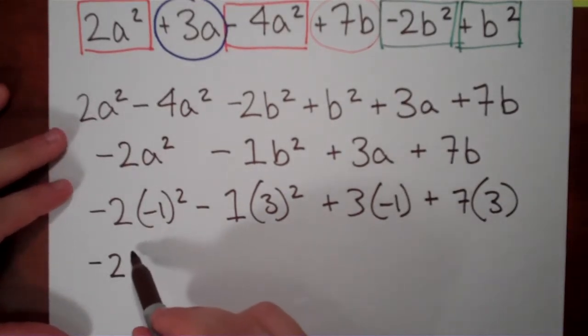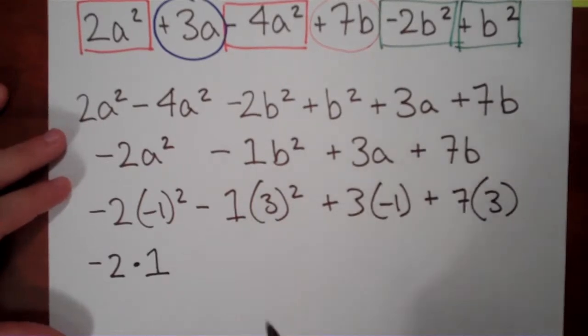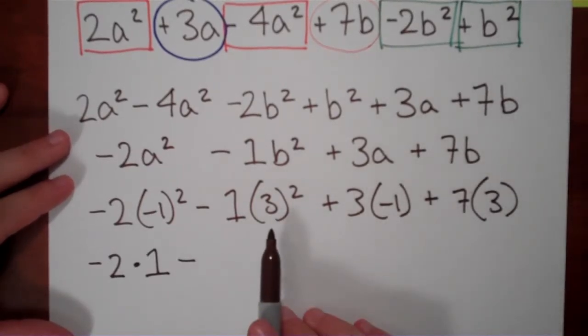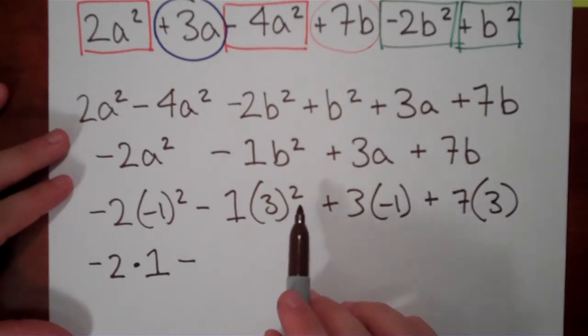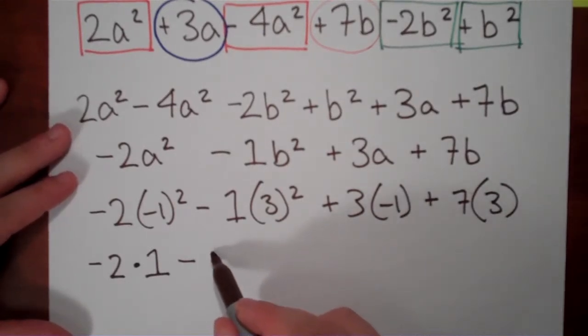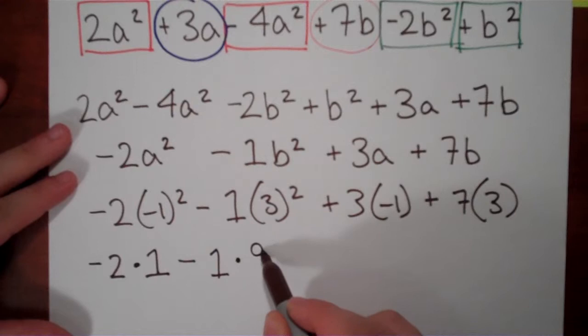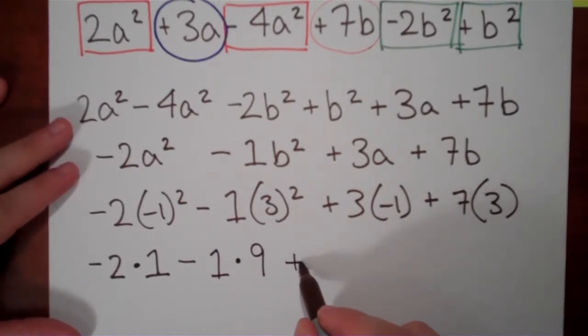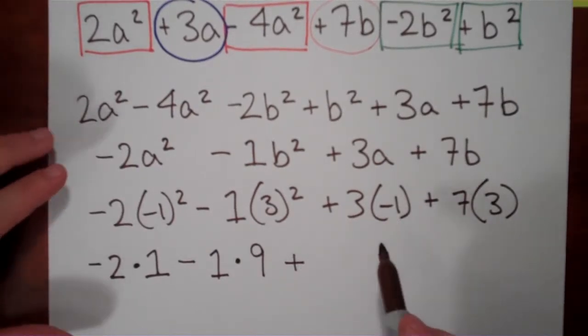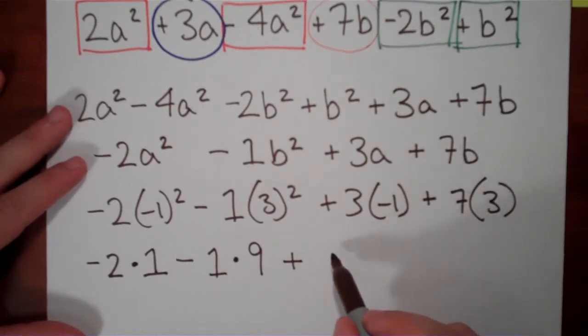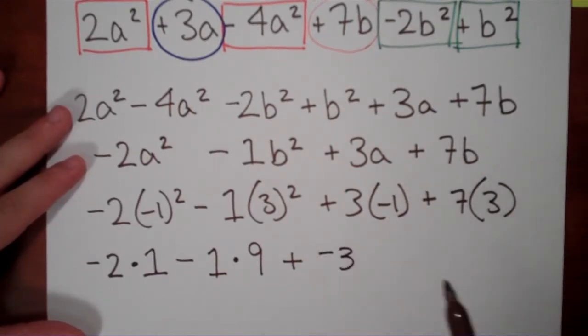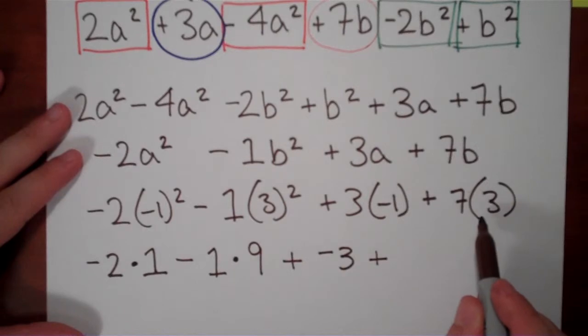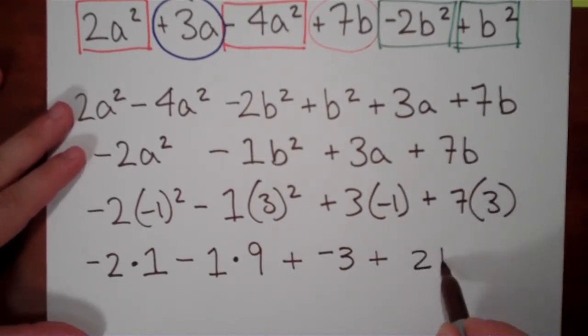So it turns into negative 2 times 1 minus, again, got to do exponents first. 3 squared would be 9 plus 3 times negative 1, that would turn into a negative 3 plus 7 times 3 gives us 21.